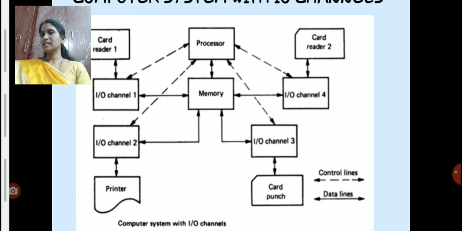We can see here that each IO channel is connected with one IO device, and all the IO channels are controlled by the processor, which is the CPU. The dotted lines are the control lines, and the other solid lines are data lines. So this is how the system was connected in early days.